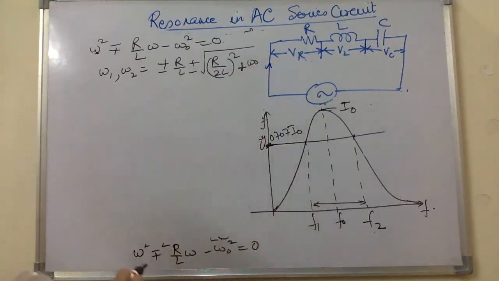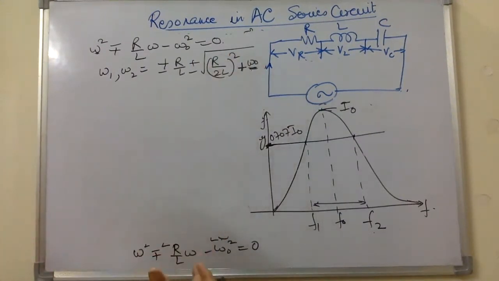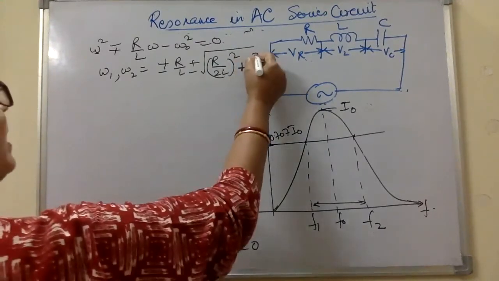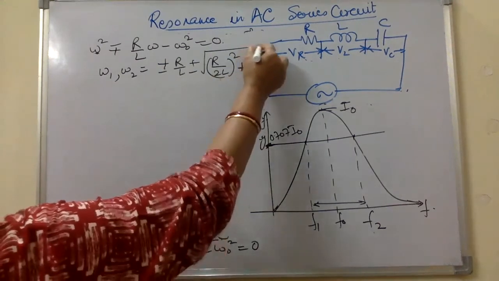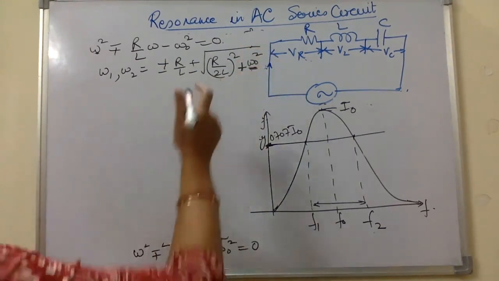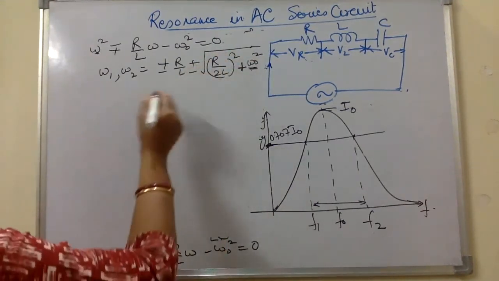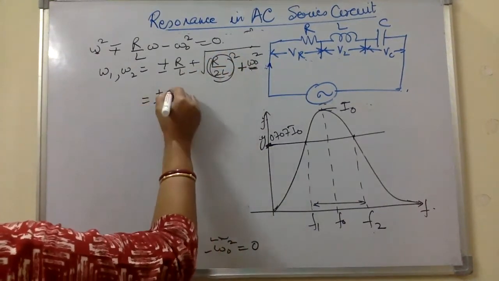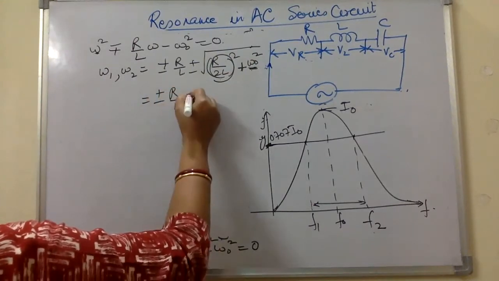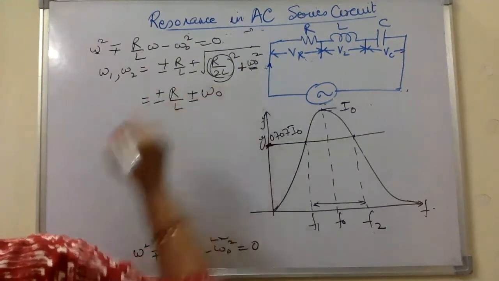Now in the given equation, because this is your resonant frequency and this resonant frequency is quite a large number as compared to the R by 2L term, when it is a square of omega 0, this means the term is still larger, while the smaller term will be reduced to a quite small value. This means we can neglect this value, and after neglecting this, we come to the expression as plus minus R by 2L and plus minus omega 0.